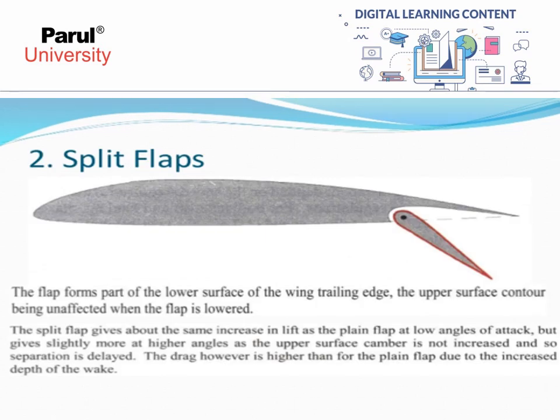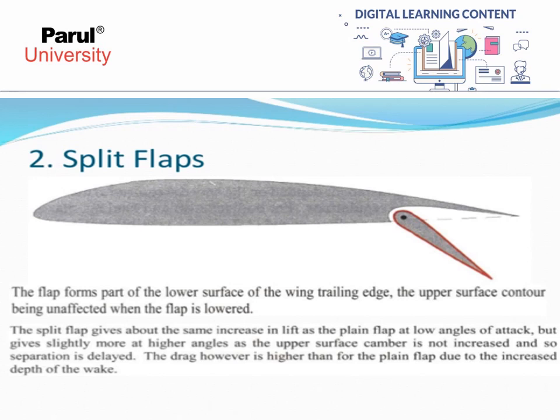The next, second, is the split flaps. In the split flap, the flap forms part of the lower surface of the wing trailing edge, the upper surface contour being unaffected when the flap is lowered. The split flap gives about the same increase in lift as the plain flap at low angles of attack, but gives slightly more at higher angles as the upper surface camber is not increased and so separation is delayed.